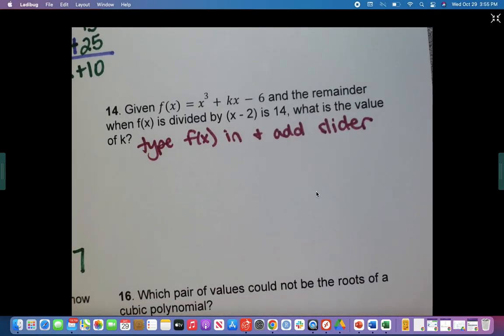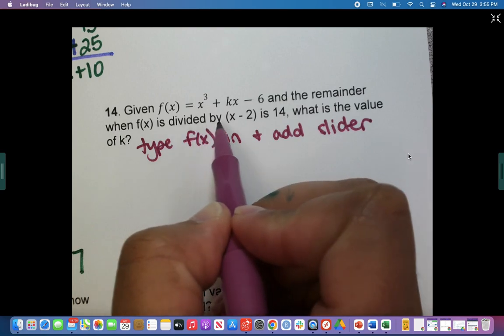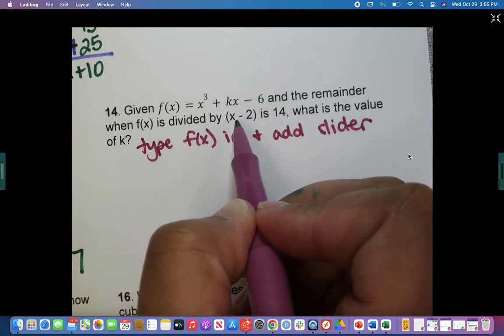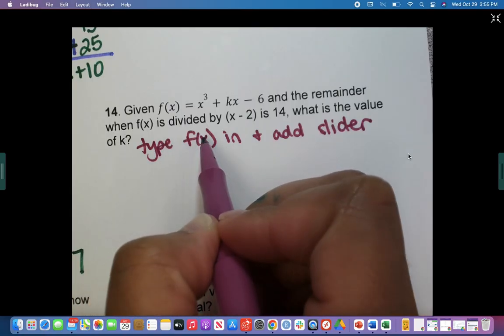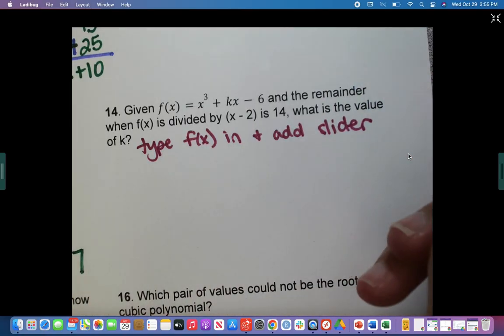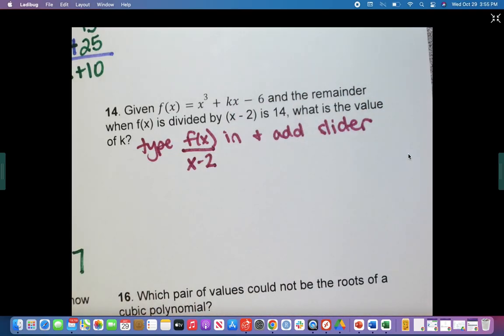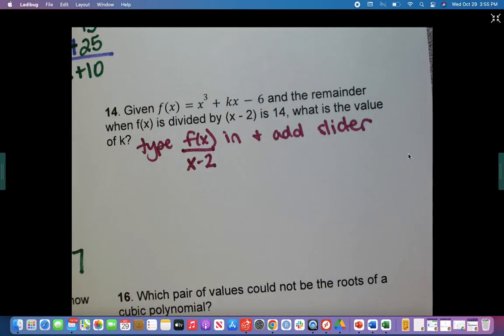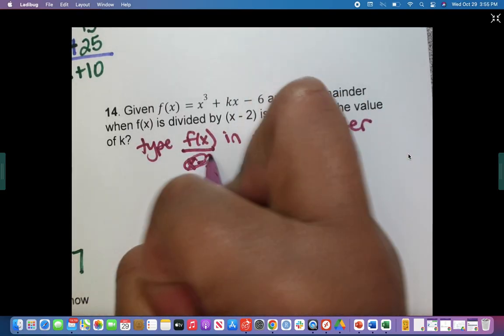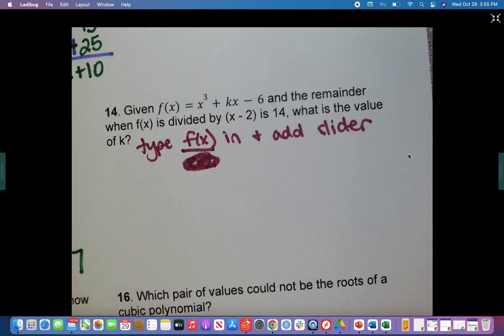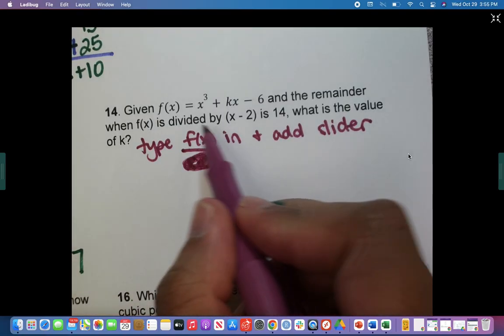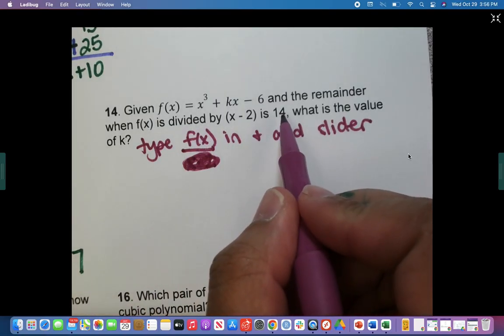We're going to type f of x in and add a slider. It says when it's divided by x minus 2, the remainder is 14.